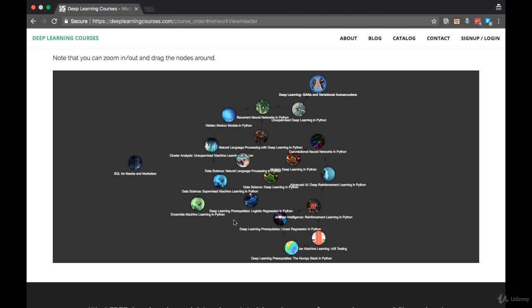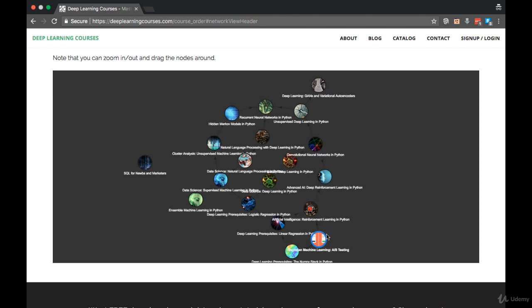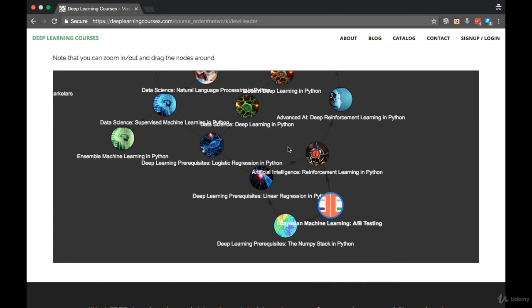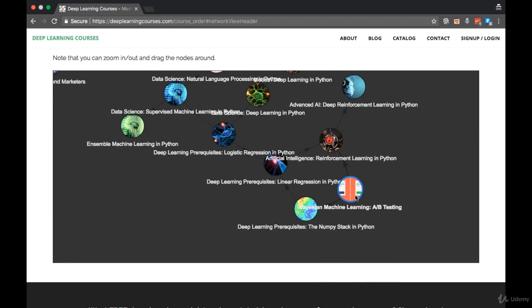So let's start with what's coming out of NumPy. You'll see that there are 2 links. One goes to linear regression, and one goes to Bayesian machine learning A/B testing. And by the way, you can zoom into this graph, so that's what I'm going to do right now. Okay, so here's linear regression, here's Bayesian machine learning.